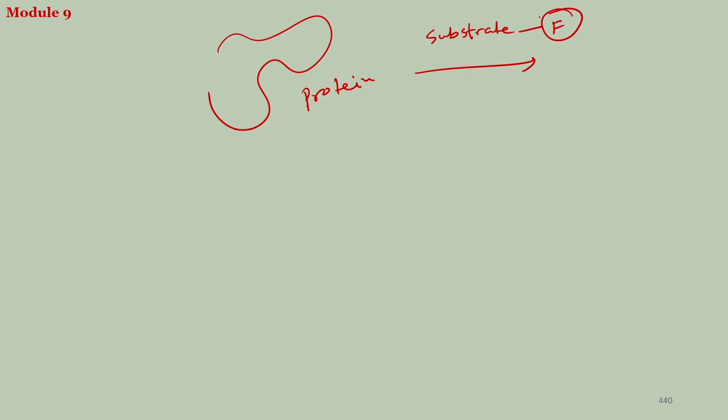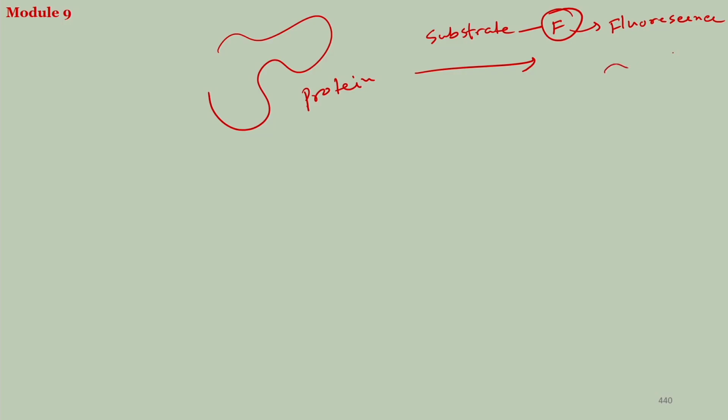So, if you have a protein active site, if you use a substrate, it's usually an organic molecule, and then you attach it with a fluorescence molecule. This is a fluorescent molecule. Fluorescence attachment is there.